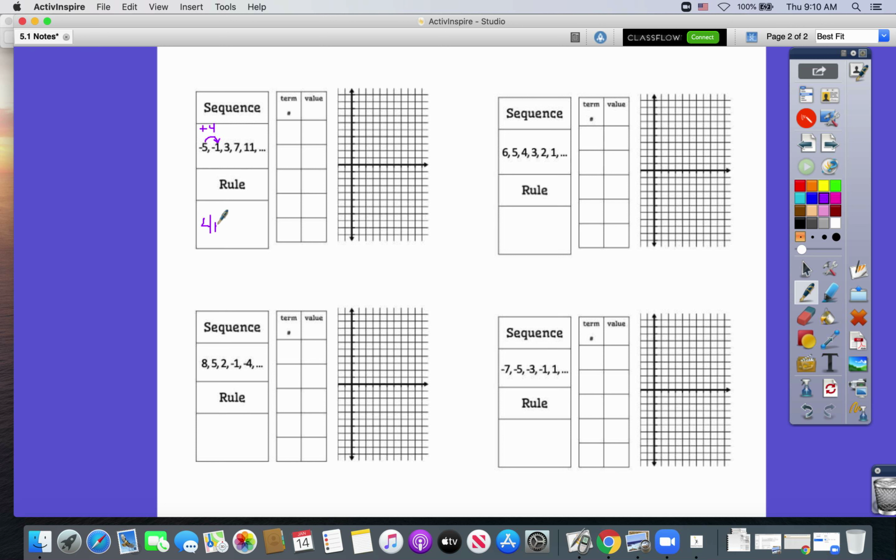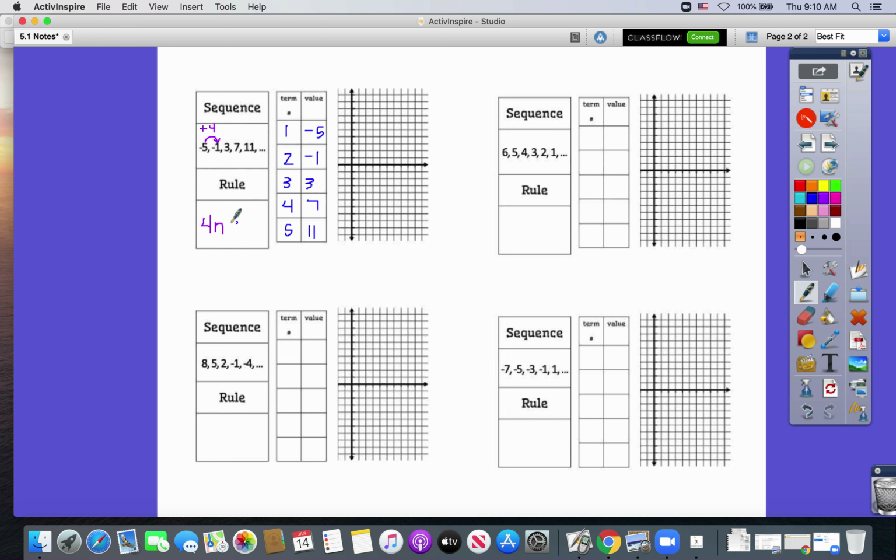So for the rule, we'll write 4n, and then I'm going to complete the table. The first term is -5. The second term is -1. The third term is 3. The fourth term is 7. And the fifth term is 11.